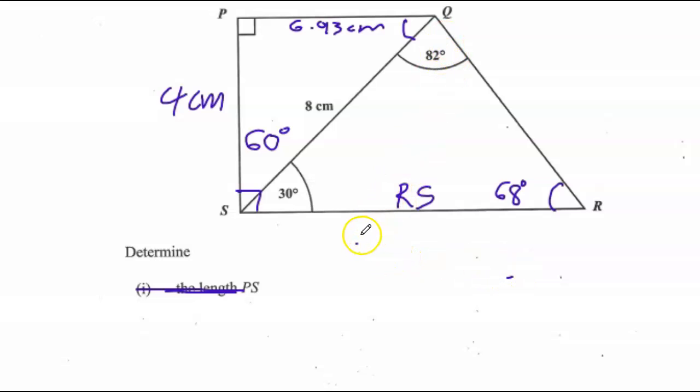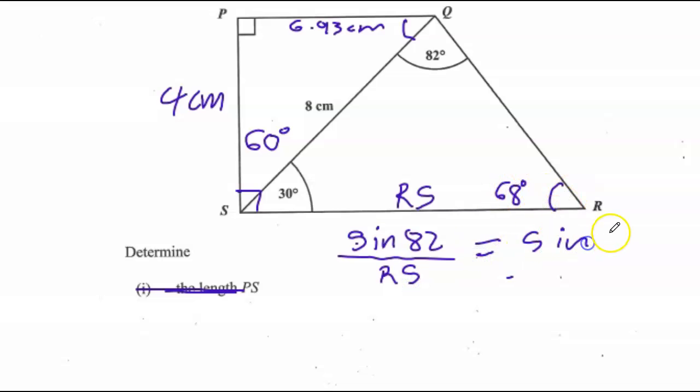Now the sine rule: sine 82, the angle, over the opposite side, which is RS, is equal to sine another angle, so sine 68, over the opposite side, which is 8. You could cross multiply.